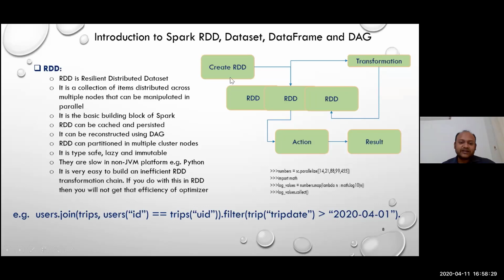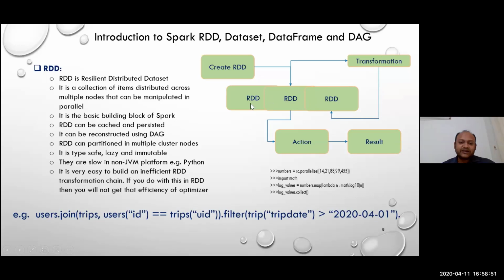So when we create the RDD, it will be a distributed dataset that exists in a partitioned way in multiple worker nodes, and we can do some kind of transformations.